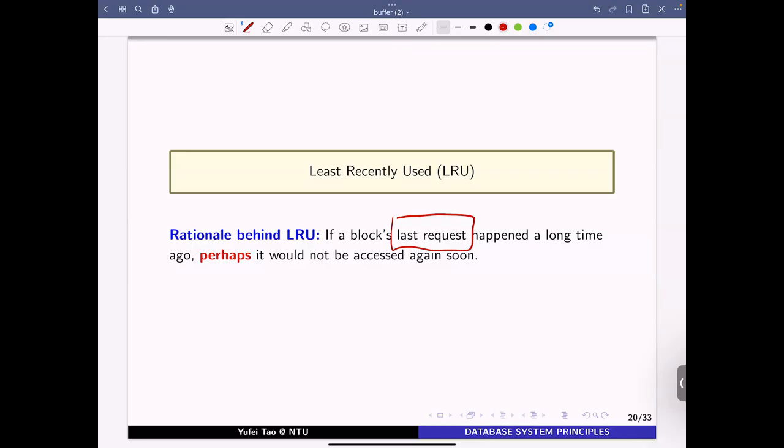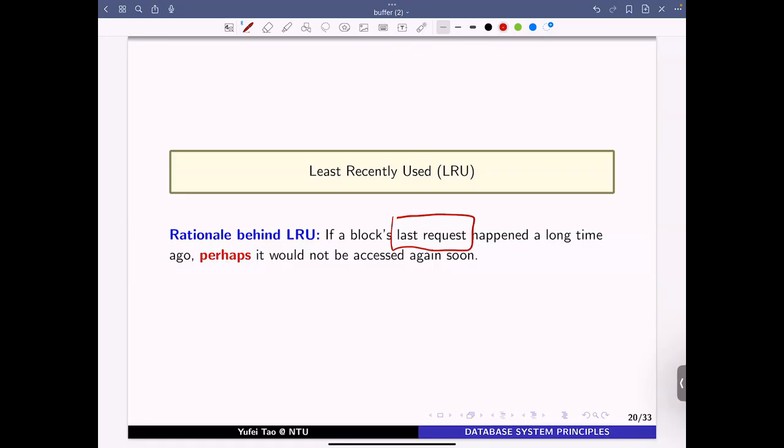In this case, LRU would make sense. It would say, I don't really care when this block was brought into the pool, but if a lot of people want it, we might as well just keep it. So this is the rationale behind LRU.